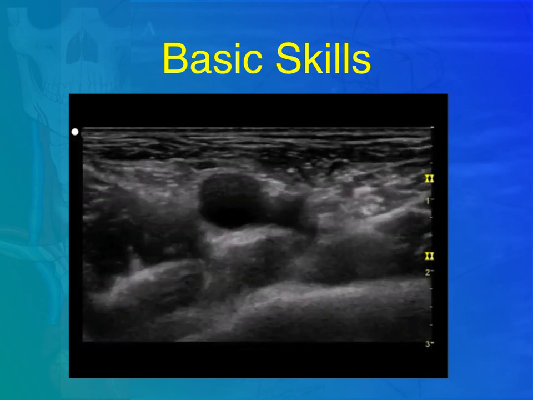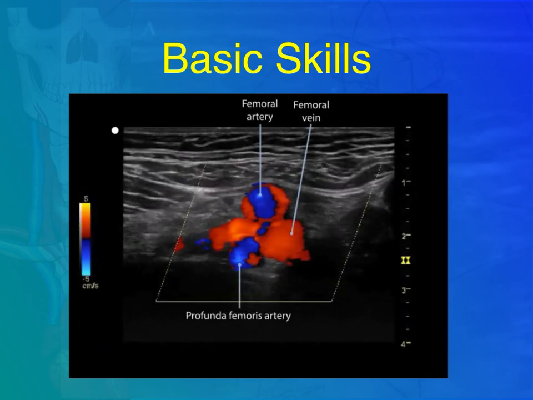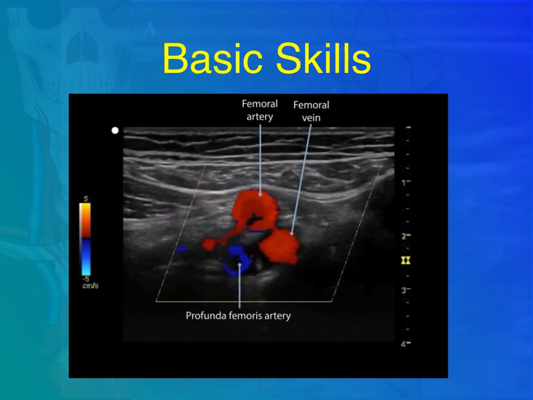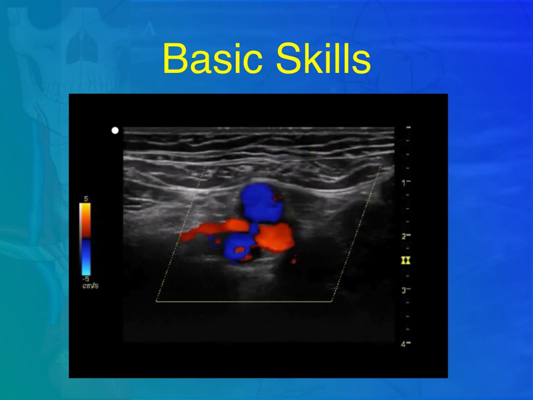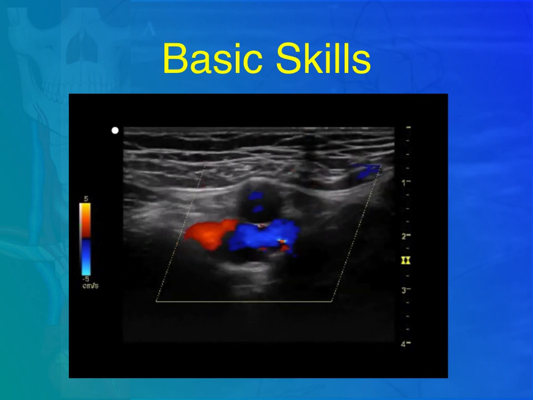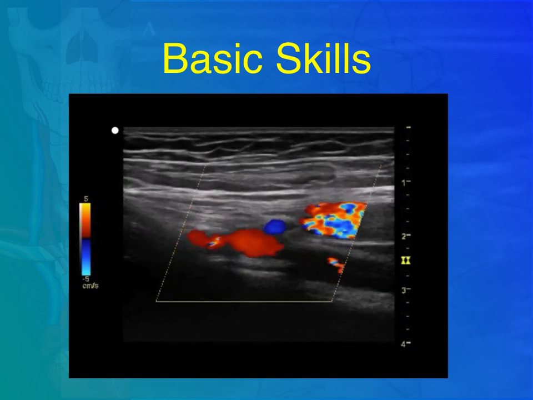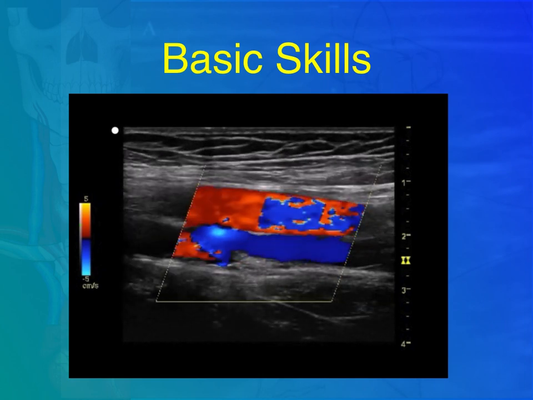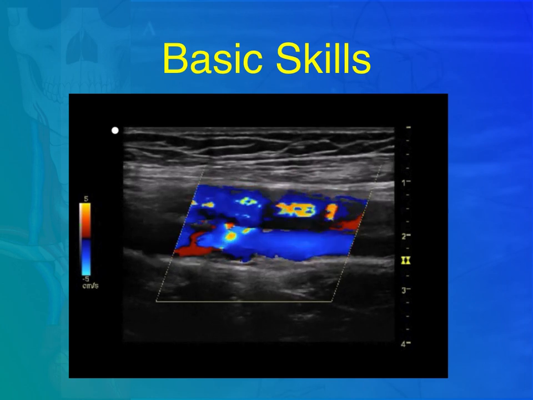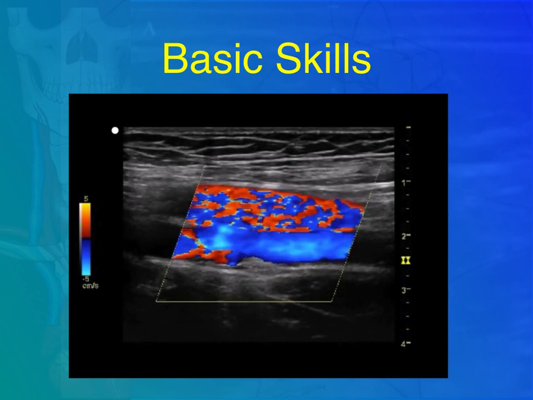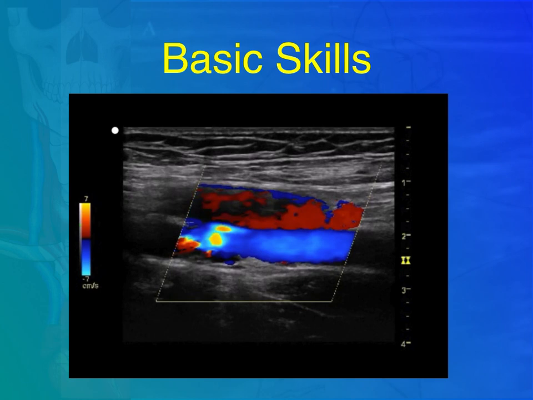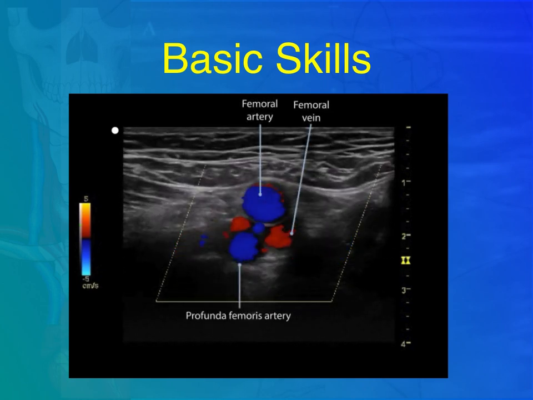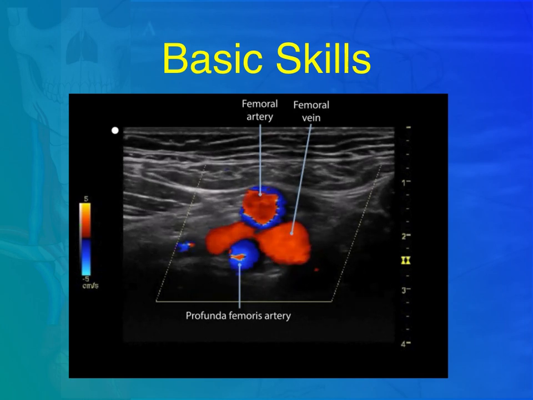By the way, what we see in the IJ is reverberation. Here we have a femoral artery and a femoral vein. You can see the flow of the artery and the vein. And then we have a different angle of the femoral artery and vein, mainly to show how different the vessels appear in different axes when you are changing the axis of your probe.